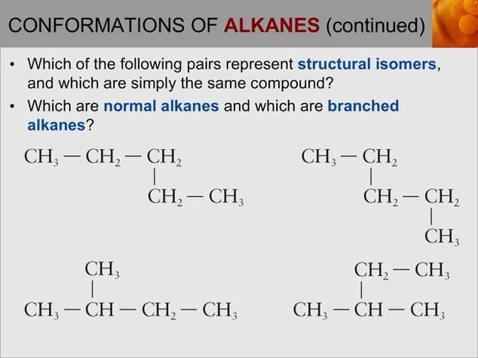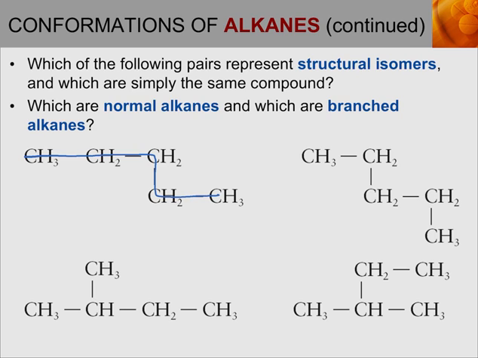Okay, so I'm actually going to start by figuring out which of the following are normal alkanes and which ones are branched alkanes. The way to figure out if you have a normal alkane where everything's in a straight chain or a branched alkane is to try to draw a line without breaking off.